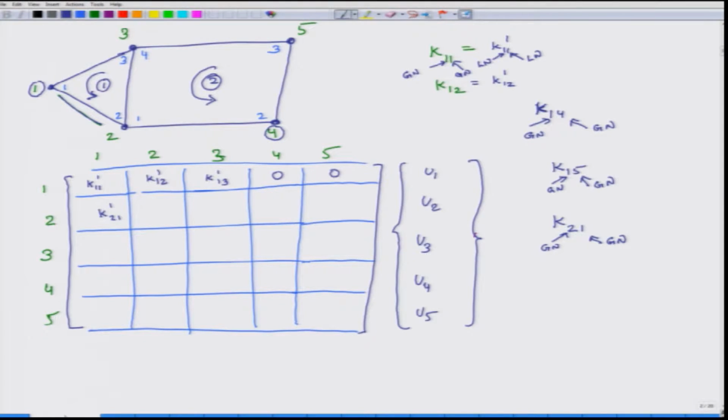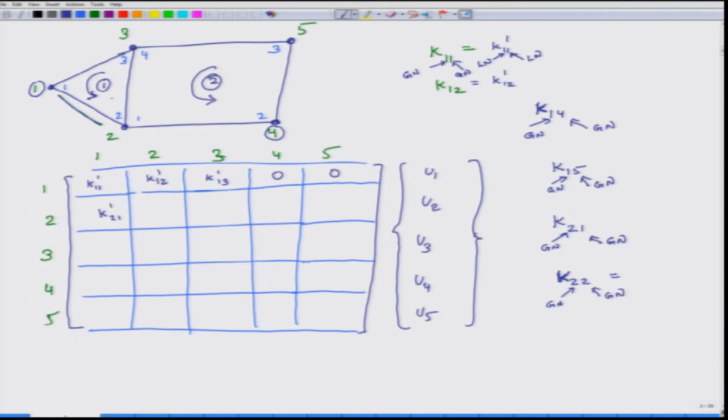Okay. Now, look at K22. This is global node and this is also global node because K22 will get a contribution from first element and it will also get, because when we look at it, this global node 2 is being shared by element 1 and element 2. So, it will get contributions from two elements. So, it will have two terms. What are the two terms?